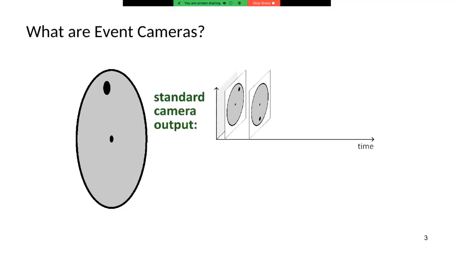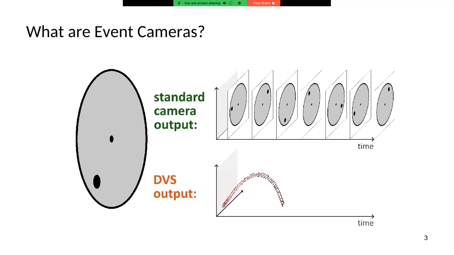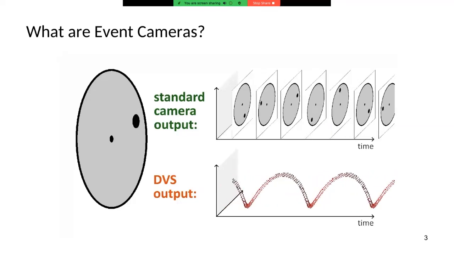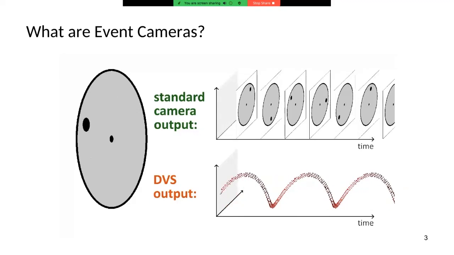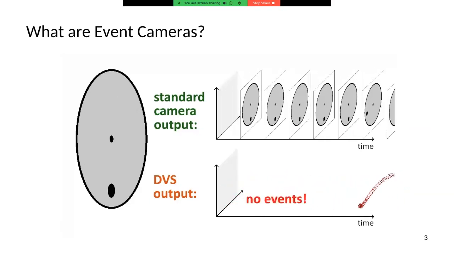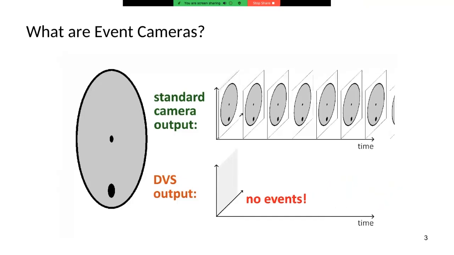Now, to be more concrete, if you have a standard camera output, like a video, and you have this rotating disc, you will get a fixed rate of frames, while the event camera here, shown as DVS output, gives you continuous streams of events over time. If you don't move the dot, then you have no events, while you still trigger frames of conventional cameras.